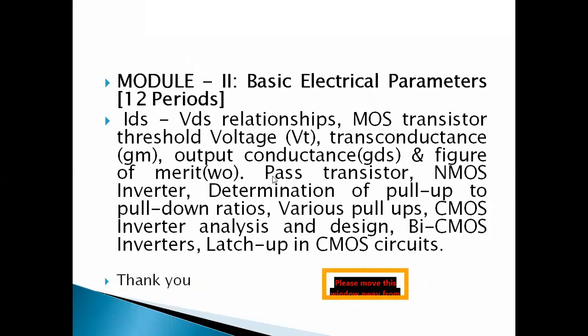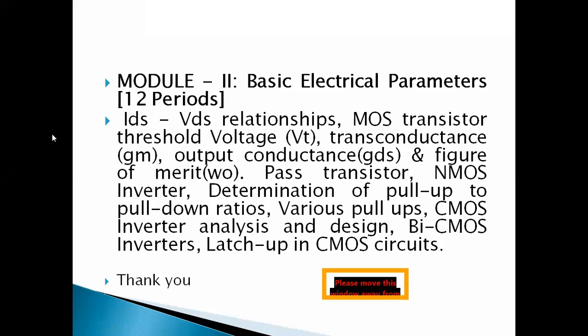Okay. Now in the second module, almost only one topic is left over, that is the BiCMOS inverter. In the next class we'll finish that. Initially I dealt with the IDS versus VDS relation, that is IDS equal to K into W divided by L, VGS minus VT whole square divided by 2.